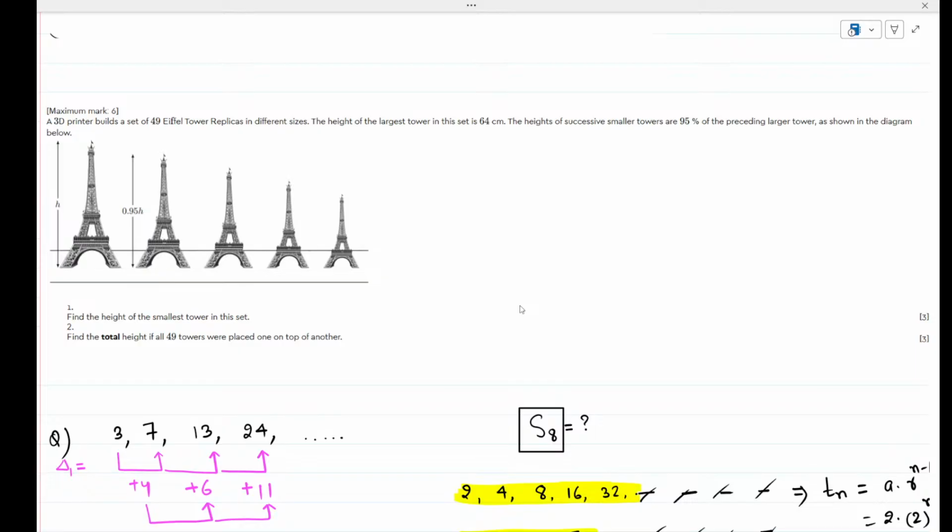The height of each tower is 95% of the one before, as shown in the diagram. Find the height of the smallest tower in this set.